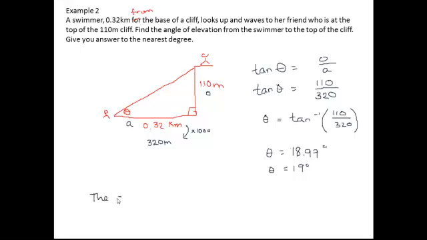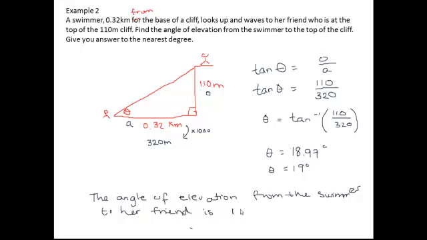The angle of elevation, that's what we're asked for, from the swimmer to her friend is 19 degrees.